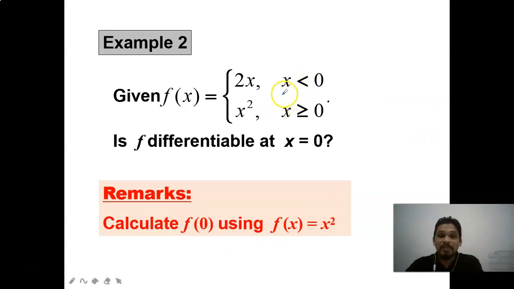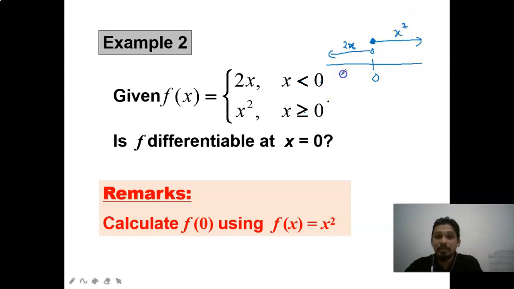Now look at this one here. Look at these two, x less than 0 and x greater than or equal to 0. For x less than 0, on the number line, the function involved is 2x. And for x greater than or equal to 0, it is x squared.